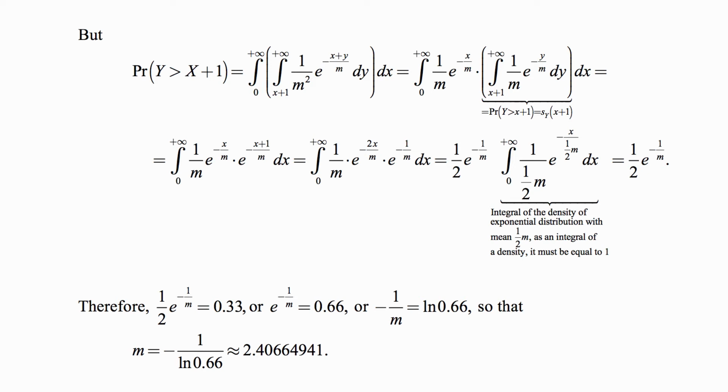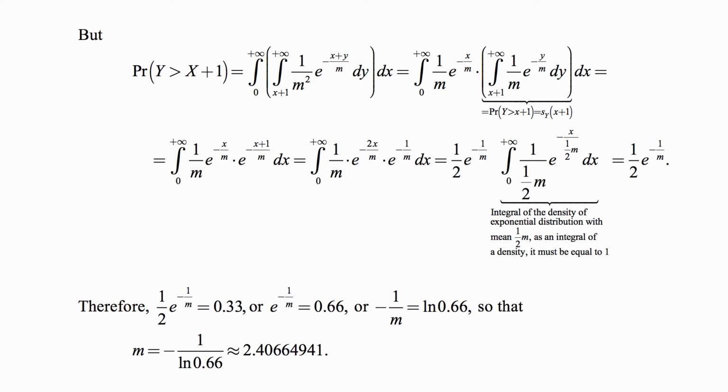What is the survival function of exponential distribution? It's always e to the minus the hazard rate times the variable. The hazard rate is 1 over m, so in this case it will be e to the minus the value of the random variable, which is x plus 1, divided by m.